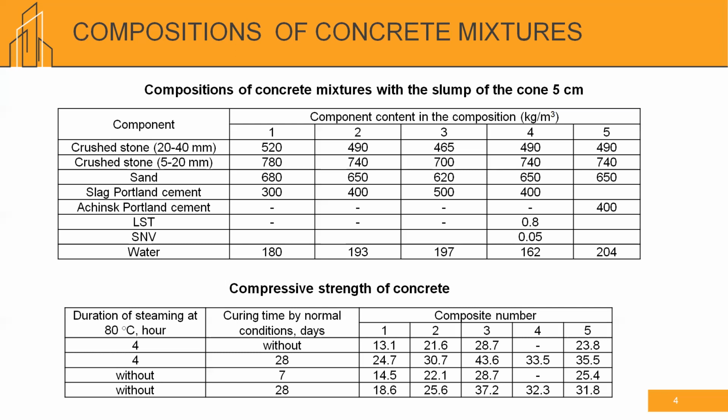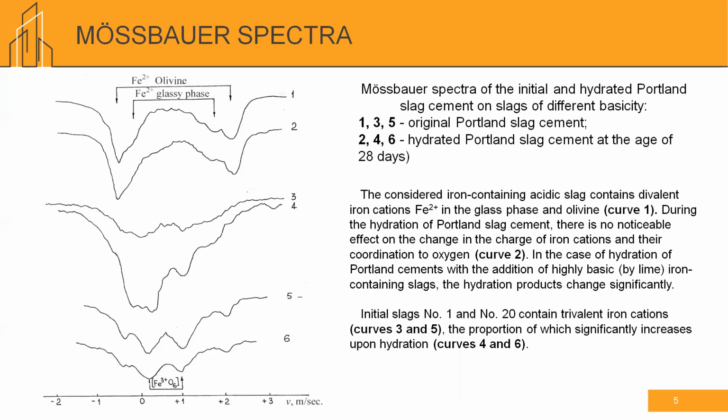The study of the hydration products of cement stone obtained during hardening of slag Portland cement, carried out by analyzing the data of Mössbauer spectroscopy, showed the difference between new formations and typical hydrated phases in Portland cement. Together with Portlandite and calcium hydrosilicate CSH, goethite is formed, which corresponds to the endothermic effect at 300 degrees.